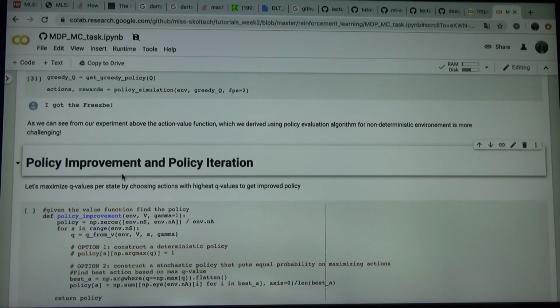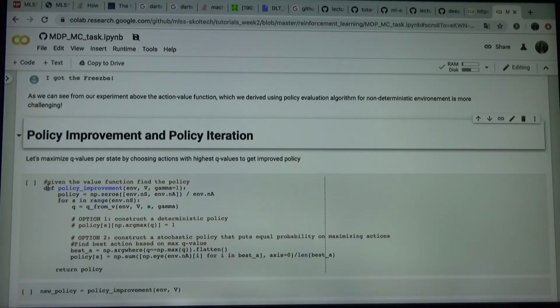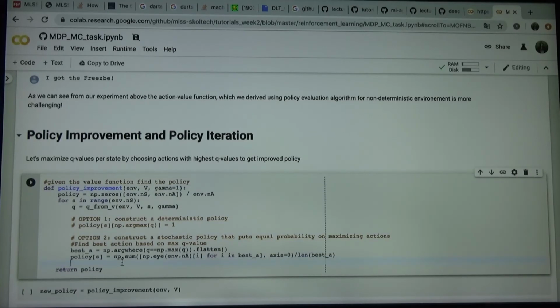So here we are going to be doing one algorithm, which is composed of two algorithms, which is called policy iteration.